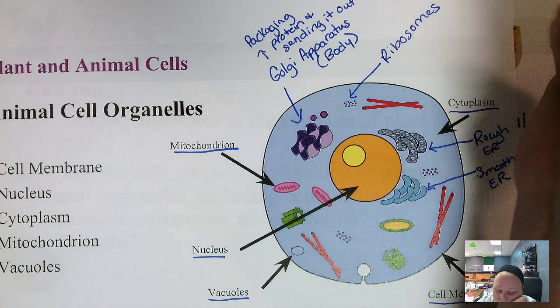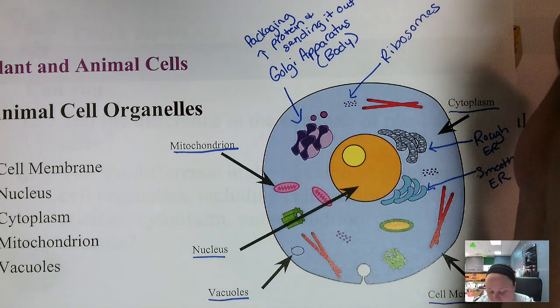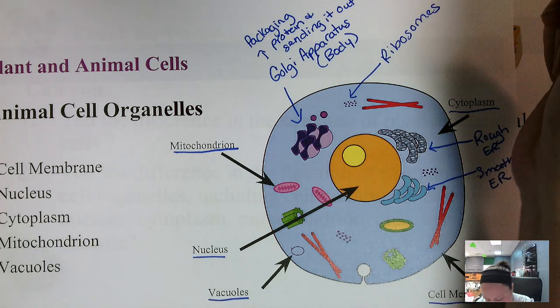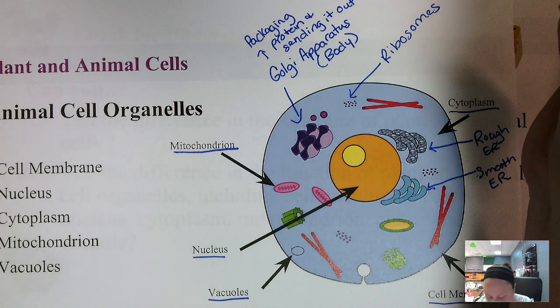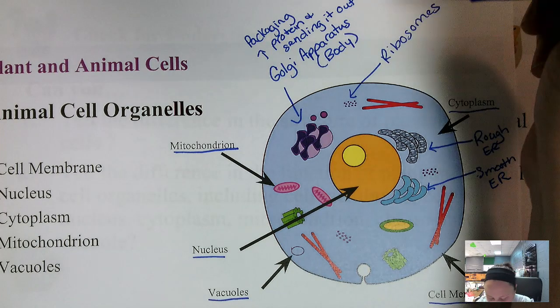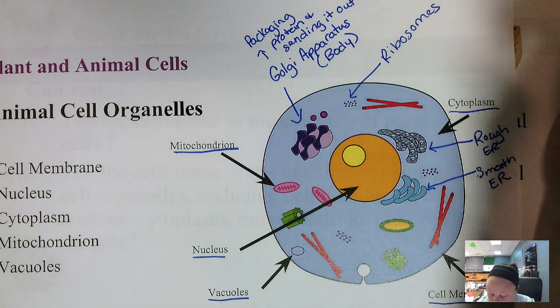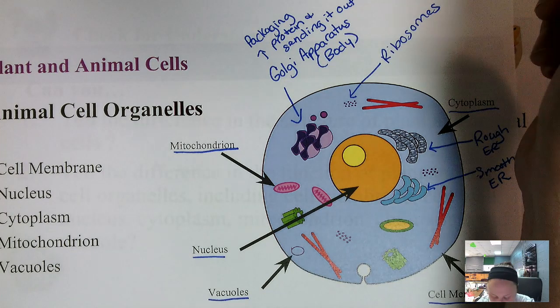You could think of this like a department store or like Amazon, because they package stuff and send stuff out. But that is what the Golgi body, or Golgi apparatus, does.